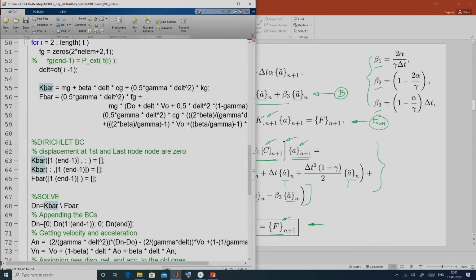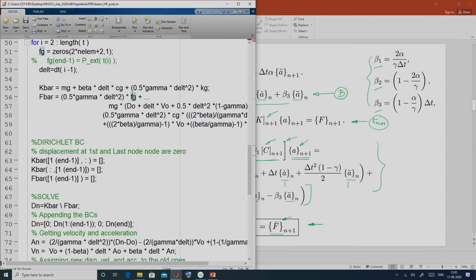So the first matrix is K bar containing the mass matrix, damping matrix and the stiffness matrix. Here damping is 0, but for generality I have kept the damping matrix in the expression. Similarly, I have calculated the force vector corresponding to time t n plus 1.